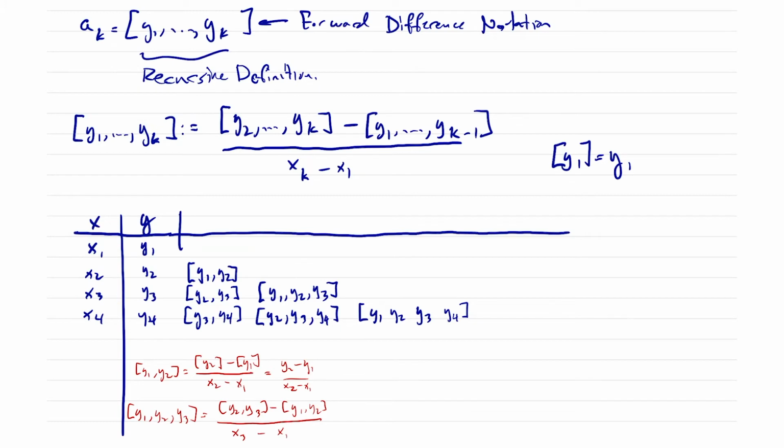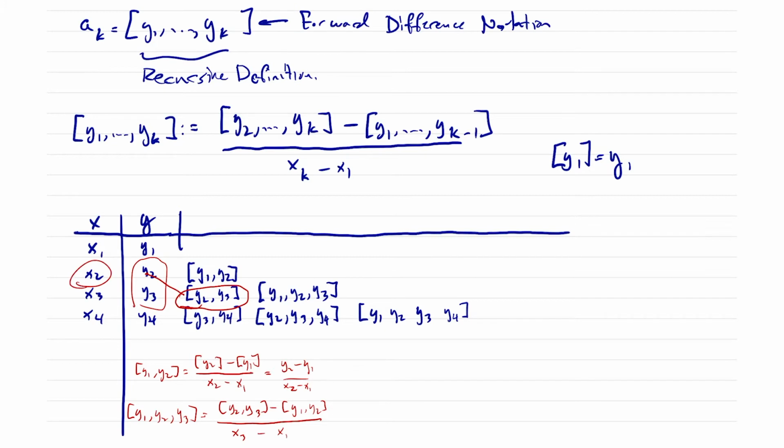So if we're using this table, then what we're going to do is take the difference between these two guys immediately to the left, and then we're going to subtract this term and the x that corresponds to the diagonal up here. So you follow up until you hit this y at the very top, and then you hit x1. And so if I was to take this difference here, I would use the difference between these two guys and then follow the diagonal until I get up to this y.